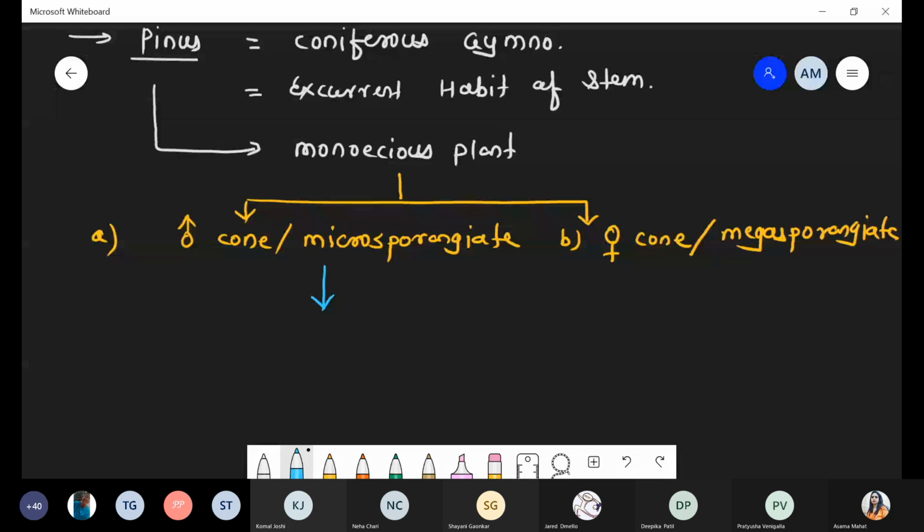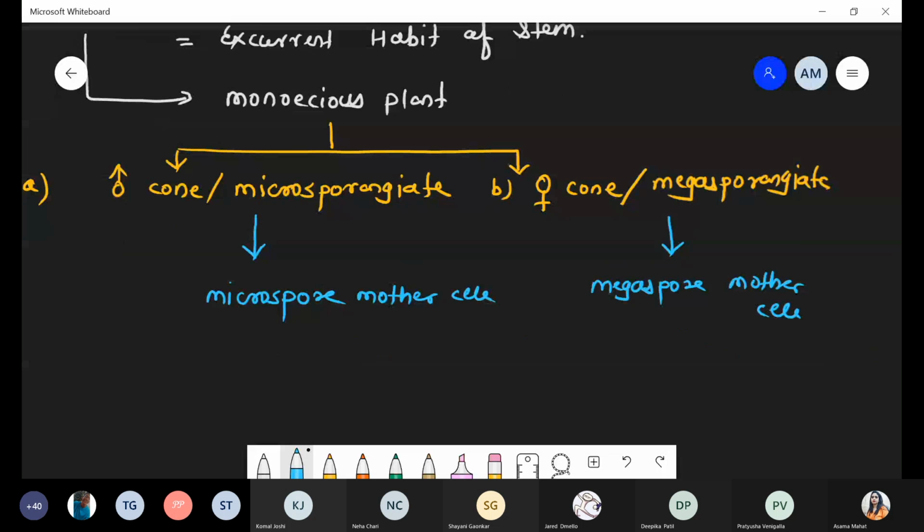Now when we are talking about the male cone, that is microsporangiate, it produces microspore mother cells. Similarly, megasporangiate produces megaspore mother cells. Both the microspore mother cell and megaspore mother cell undergo meiosis, and that meiosis pattern is called sporic meiosis.